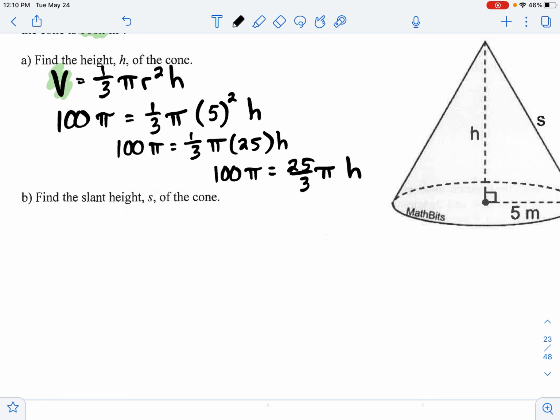And if you wanted to, you didn't have to have this step. You could have just at this point divided both sides by 1/3, by pi, and by 25. Okay, because that cancels all of this. So I'll show you how to put this in the calculator.